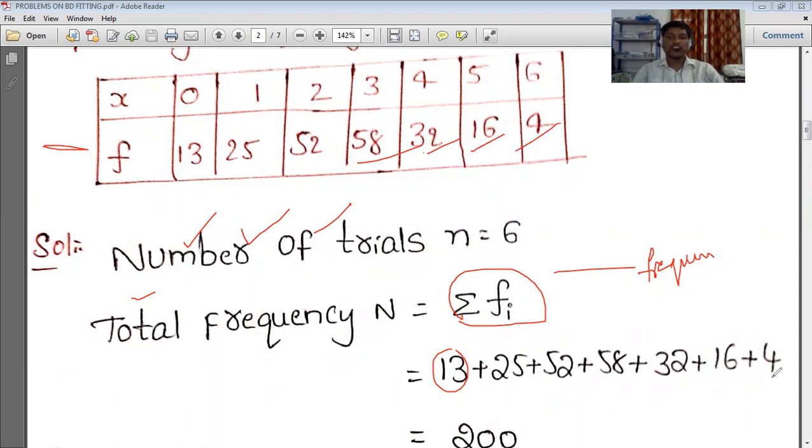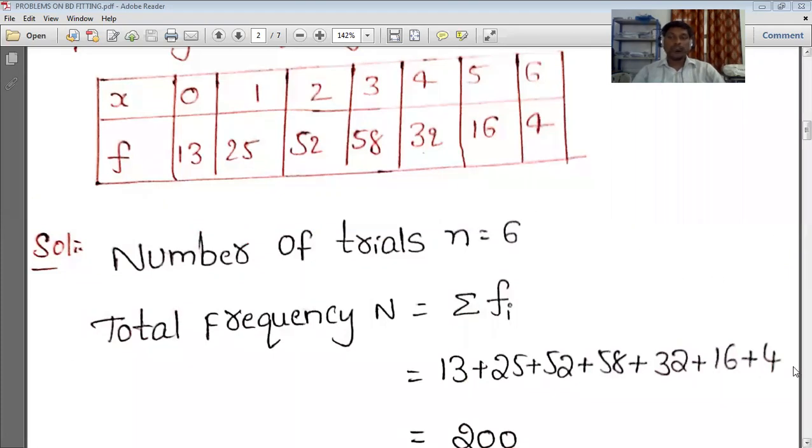Adding all those, 200 is the total frequency. So we get the expected frequencies as capital N into (q plus p) whole power n. Here capital N is 200, n is 6, and we are going to calculate q and p.